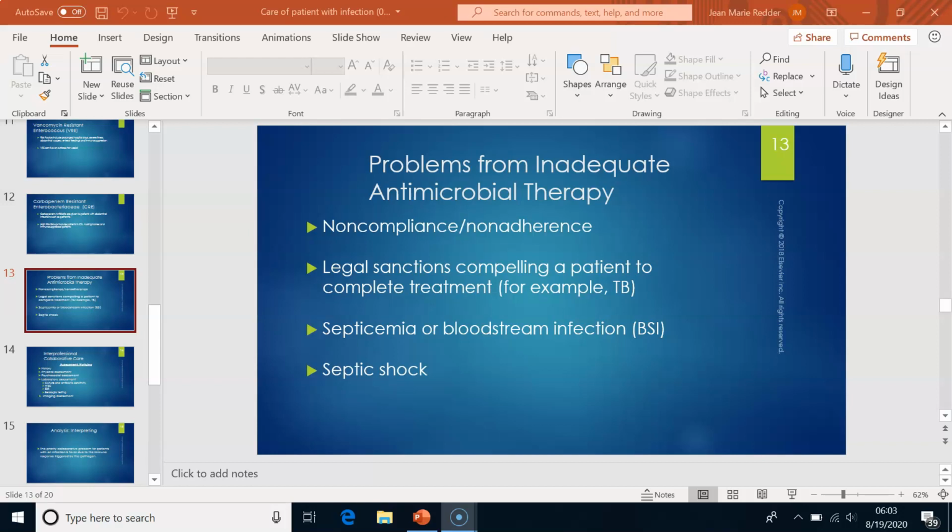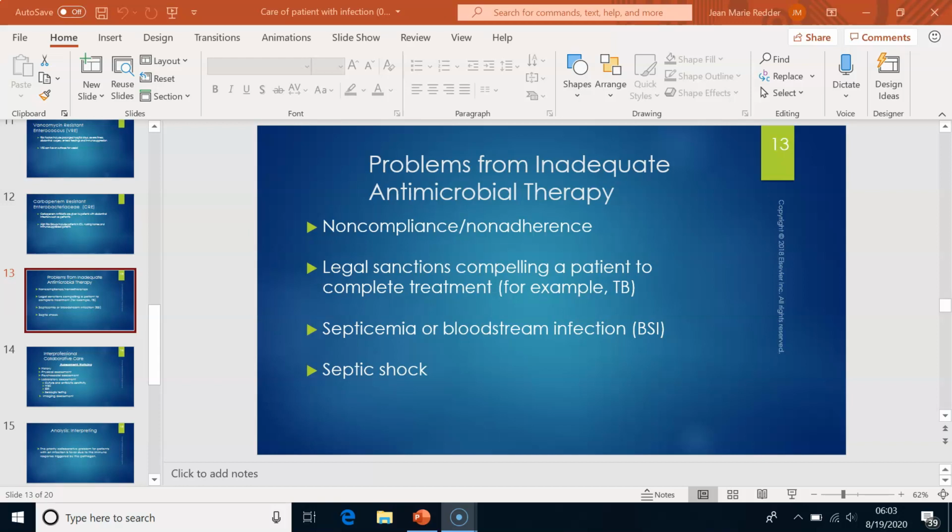Sometimes the reasons that patients have problems with their antimicrobial therapy is lack of funding or lack of knowledge. Noncompliance and non-adherence to an antibiotic regimen can be because they get to feeling better.